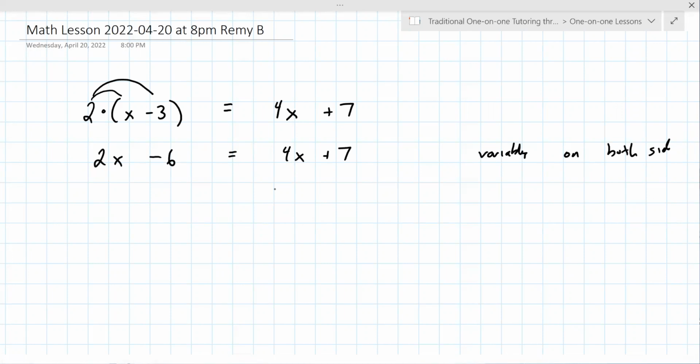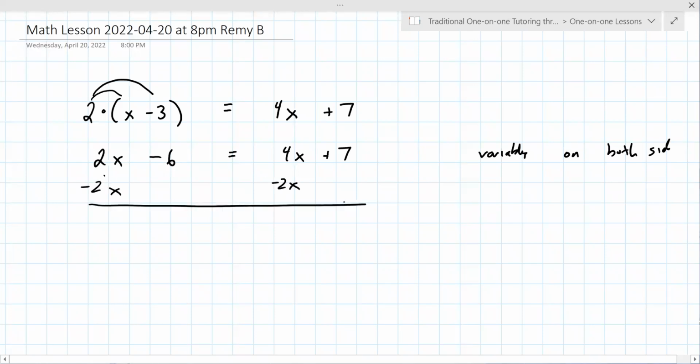Okay. Well, the correct way is you always move the smaller to the bigger. So you would actually want to subtract 2x here, but most classrooms always move it left, which is kind of inconsistent because it's not the best thing to do. This is the way I would teach if I were in a classroom, but sometimes you get mixed messages.